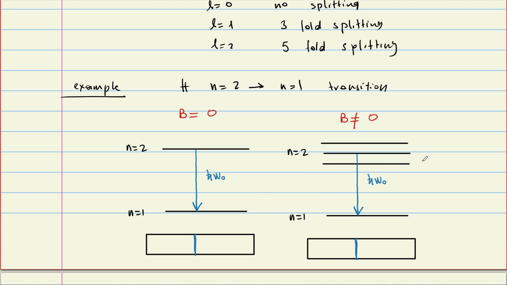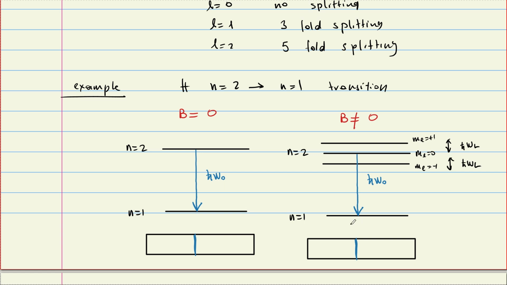So this is ML equal to 0. So this is ML equal to plus 1. So this is ML equal to minus 1. And each splitting is this Larmor frequency, h bar omega L, and this is h bar omega L.